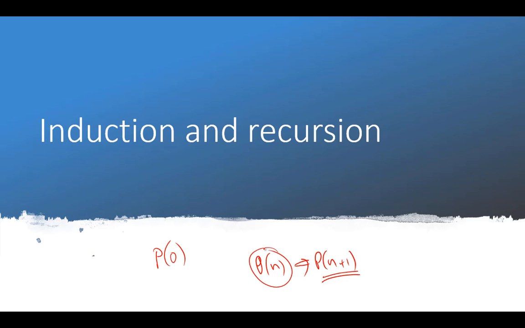So another way to explain is that recursion is a programming strategy for solving large problems, sort of like divide and conquer, solving the large problems by splitting into small problems of some kind. Induction is a mathematical strategy for proving statements about these large sets of things. So they are kind of related, they look very similar, but they are doing two different things. Recursion is an algorithmic technique, and induction is a proof technique, and they are both very useful in computer science.